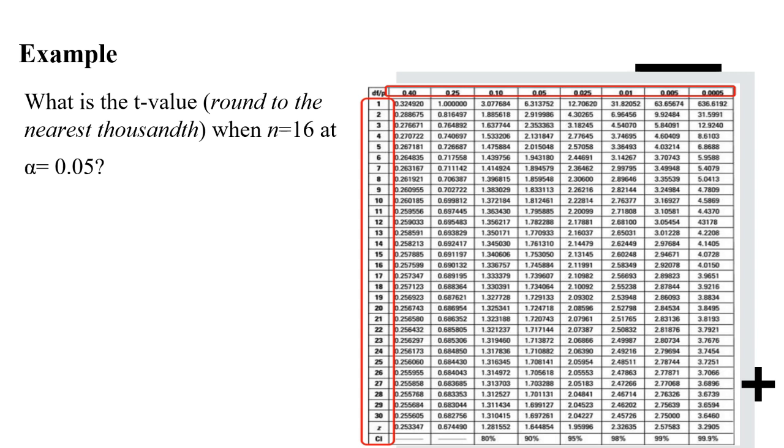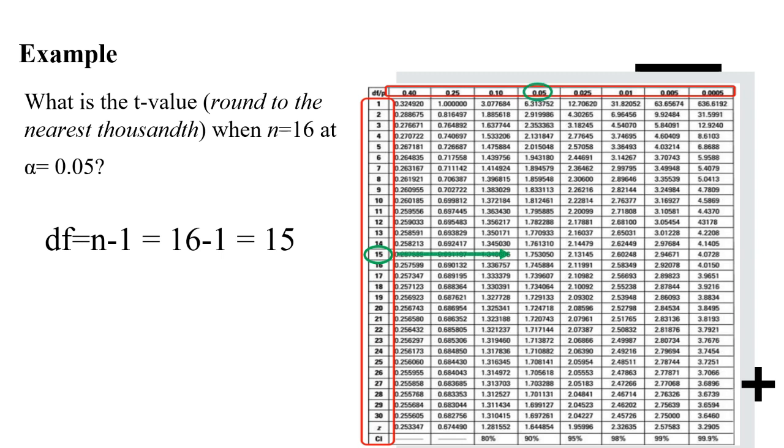Another example. What is the t-value, rounded to the nearest thousandth, when n is equal to 16 and alpha is equal to 0.05? So let's compute first what is our degree of freedom. That is df is equal to n minus 1, that is 16 minus 1, that is equal to 15. So we have a degree of freedom of 15 and your alpha, that is 0.05.